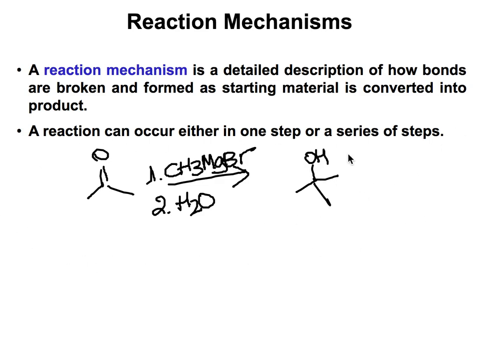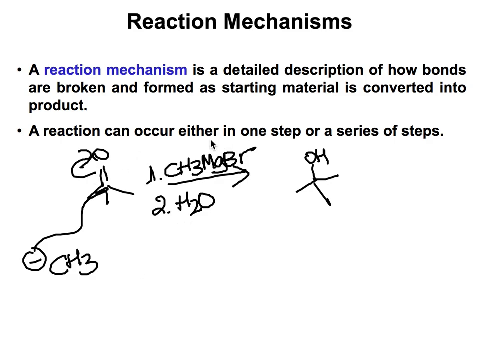So this is the overall reaction that's happening. But the detailed mechanism is where we start showing what electrons are moving, what bonds are formed, what bonds are being broken. And I showed you the mechanism in an earlier video, so I'm not going to repeat it again, but that's the overall mechanism.